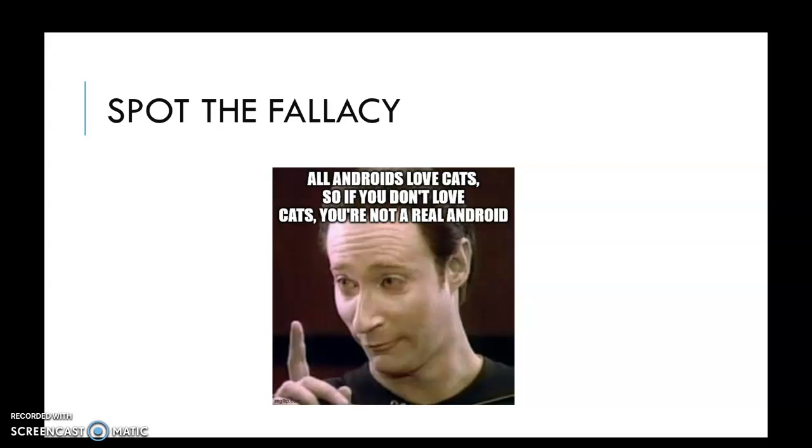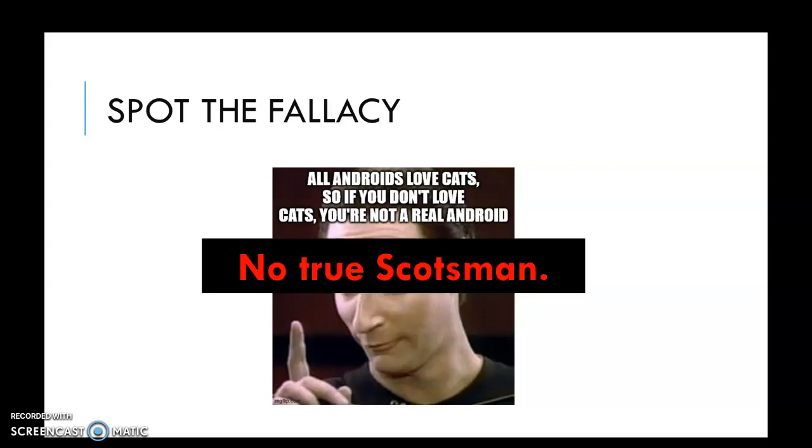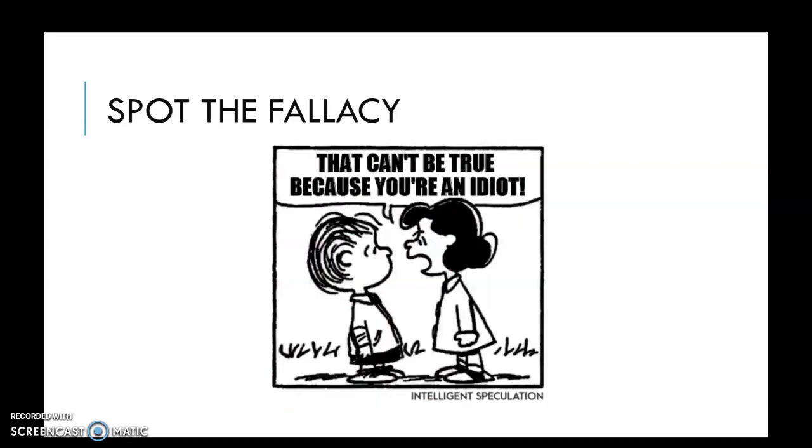All right, here's another. Spot the fallacy. "All androids love cats, so if you don't love cats, you're not a real android." That's a no true Scotsman. There may be androids who love cats, but there are also maybe androids who hate cats. Spot the fallacy.